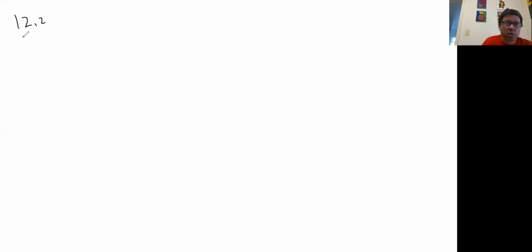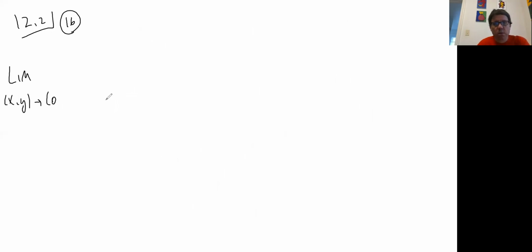Okay, 12.2, number 16. All right, so now we're talking about things that look like this. The limit as x, y approaches some point, and in this case, it's the point 0, 0. I don't know why I didn't just write that up there. Maybe I will.